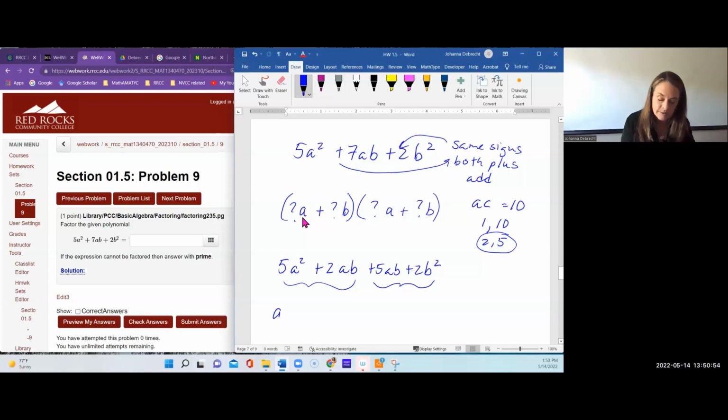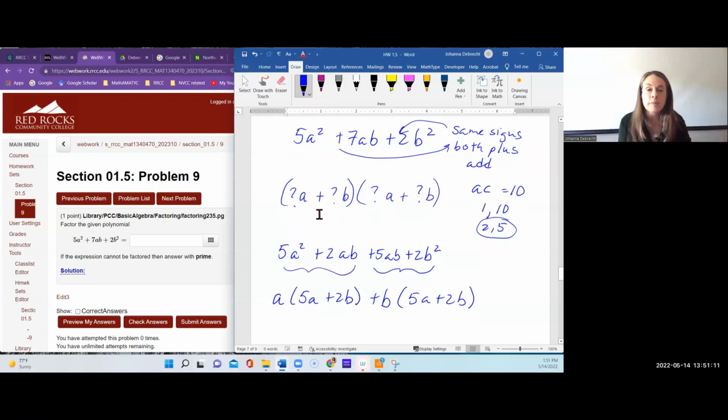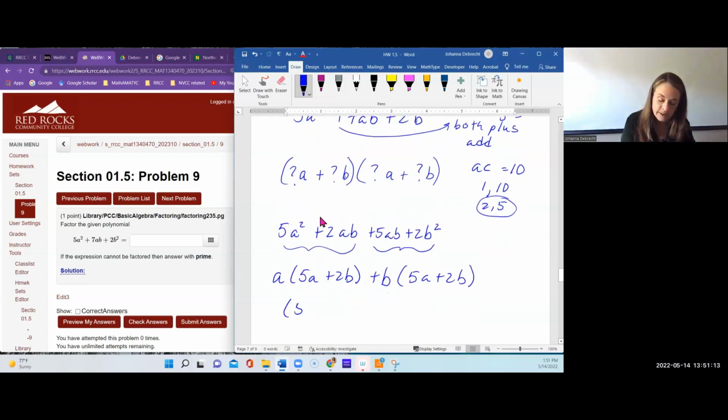This time the greatest common factor here is a, which leaves 5a plus 2b. On the second pair, only the b is common and it's positive, so I factor it out and I get 5a plus 2b again. That makes 5a plus 2b a common factor. 5a plus 2b times a plus b. The order of the binomials does not matter because multiplication is commutative, so you can commute or switch the order.